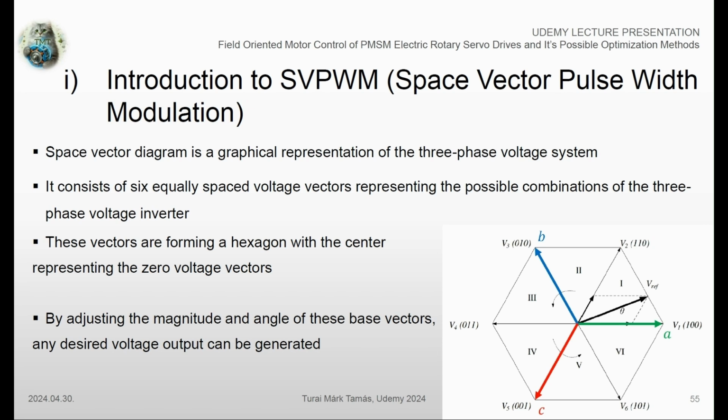In other words, the V1 vector is being switched on for, let's say, 10 microseconds, while the V2 vector is being switched on for another 10 microseconds, but the main important message is that they are being used for the same amount of time in order to receive an average voltage vector between the two.